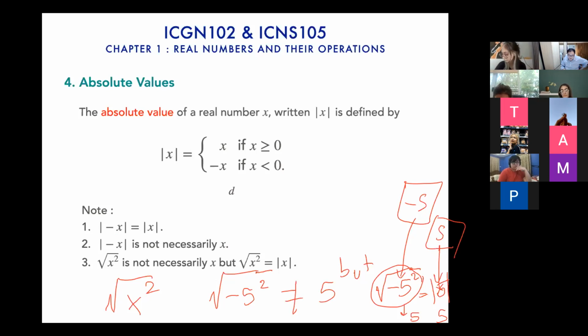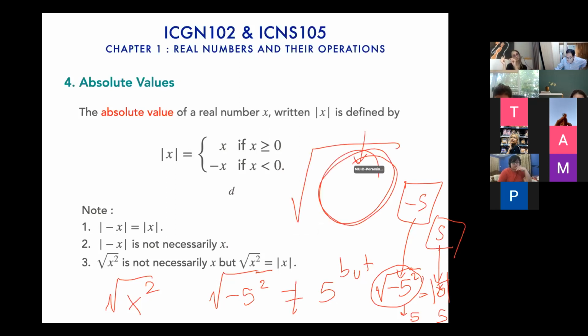So when you have to find any square root of x squared, as one of you told me before, the value inside the square root, the whole term, must be positive.